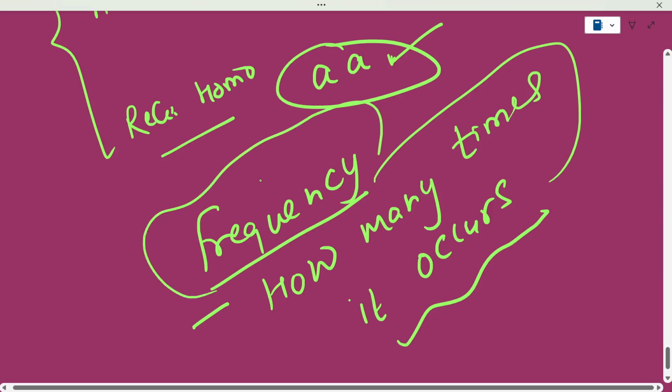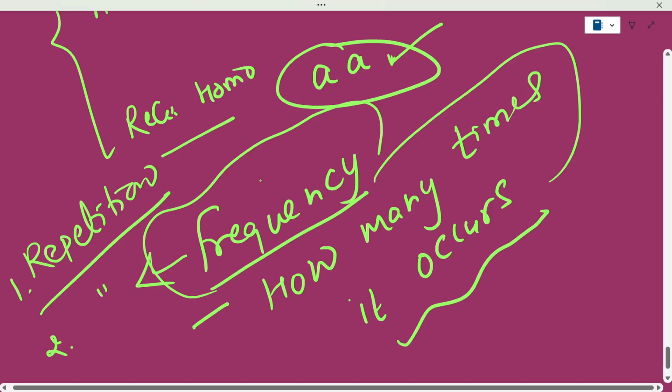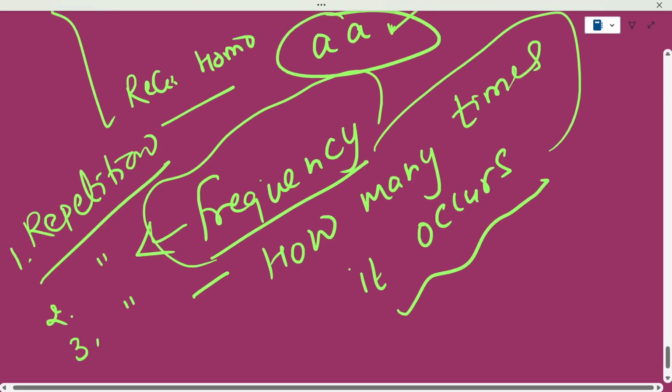Frequency is the repetition of everything, repetition of a unit, repetition of a factor, repetition of an idea, repetition of a market principle. That's why I said how many times it occurs.